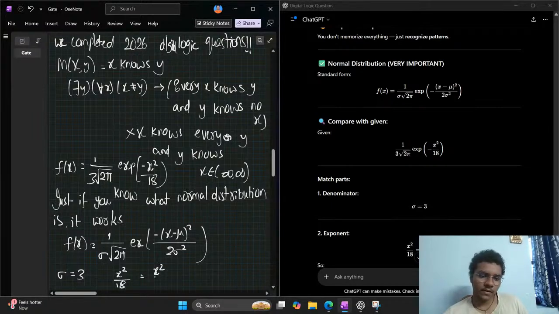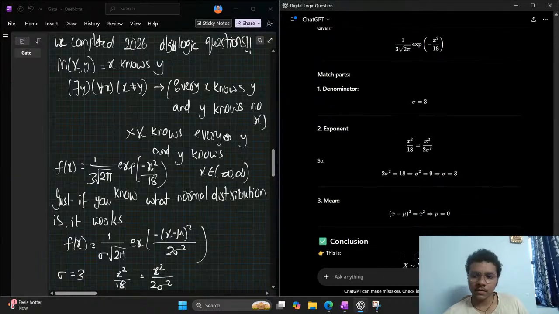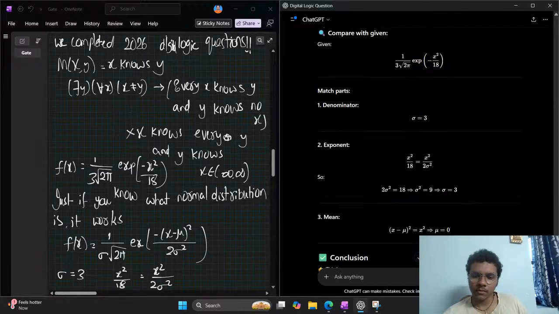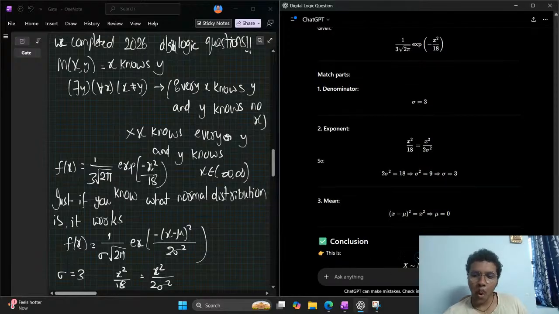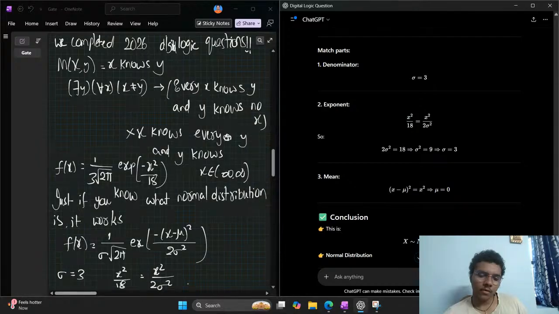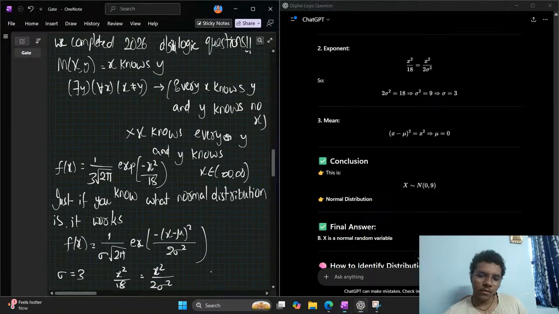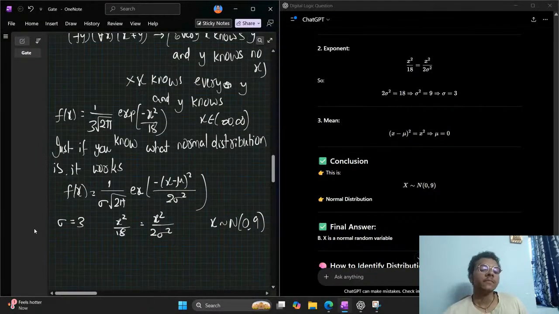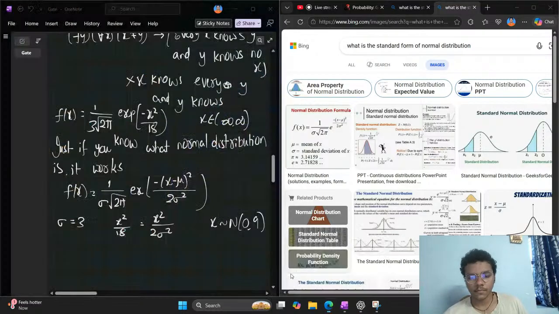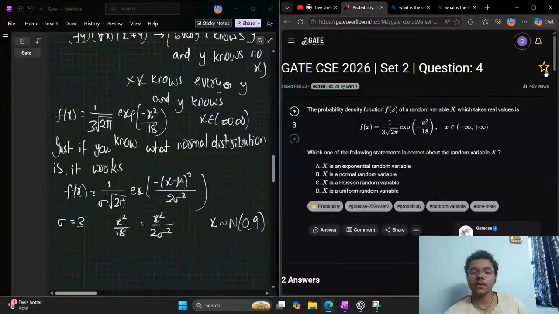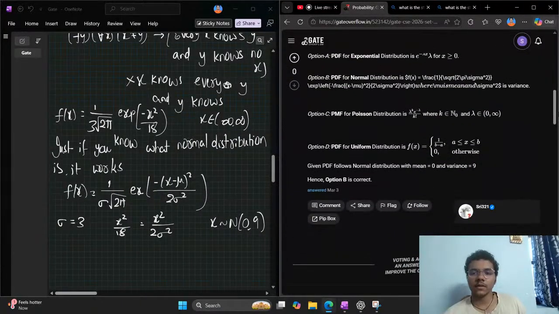So x square by 2 sigma square. Okay, that honestly makes a lot of sense.